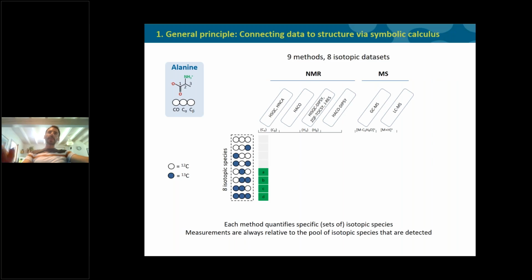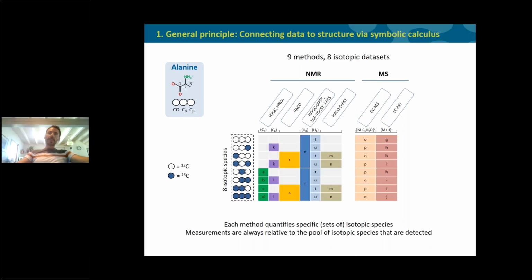So the first point is to map the measurements we have on the isotopic species of the molecule. For instance, alanine can be analyzed using 9 different methods, either NMR, GCMS, or LCMS. And as I showed you before, by running HSQC experiments, we can quantify these 4 different isotopic forms. And we can perform such a mapping for all the approaches we currently have.